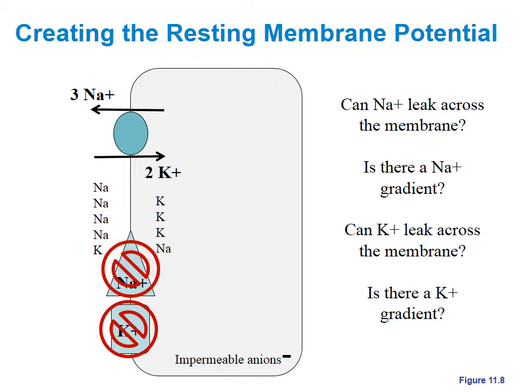If we measure our gradients here, the voltage will be negative 70 millivolts. This magic number is called resting membrane potential. Our pump will maintain this gradient in voltage.